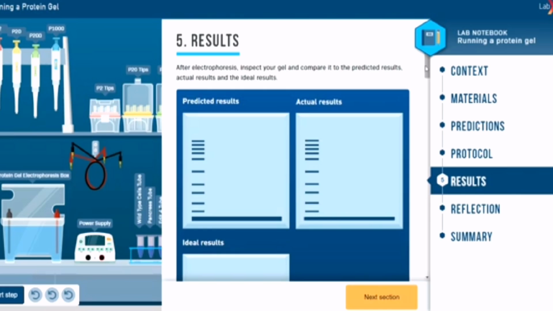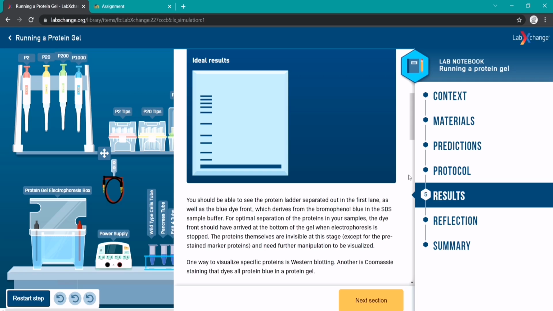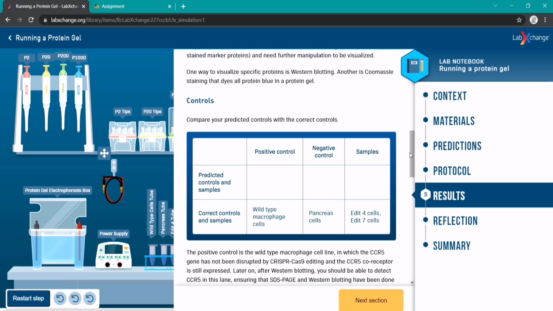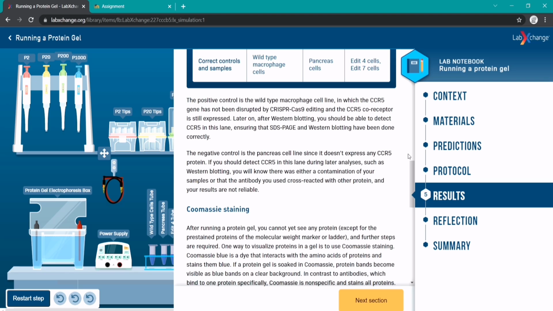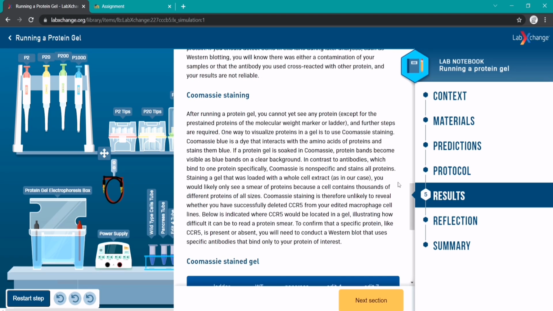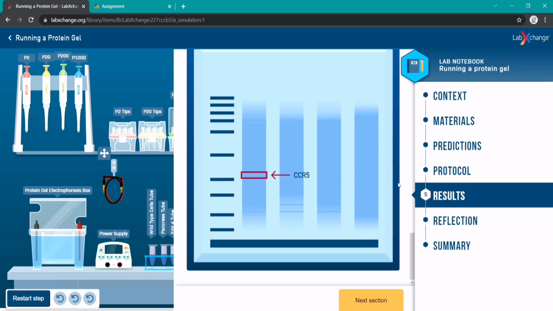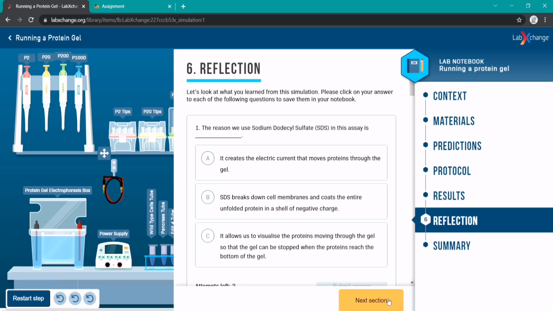The next part will be the results. The next part will be reflection.